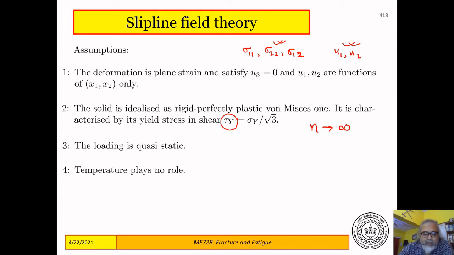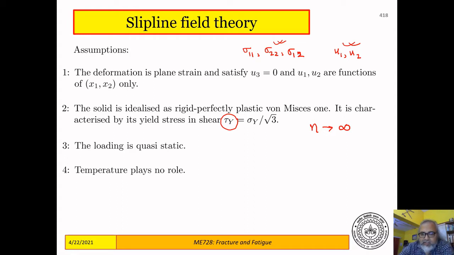So with this, we can construct what is known as a slipline field. We are not going to look at how the slipline fields are actually constructed, because that's not easy to do and would require a much longer set of lectures. What we are going to do is learn how to interpret the slipline fields.